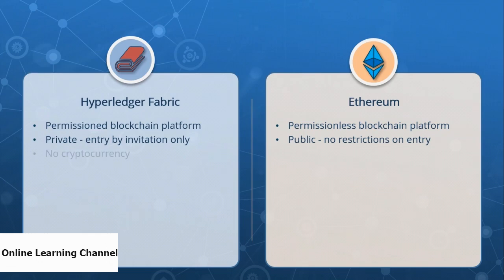Fabric also has no associated cryptocurrency, which means that you don't need to go out into the currency markets before you can invoke transactions on Fabric. This is, of course, not the case with Ethereum, which uses a cryptocurrency called Ether. To invoke any transactions on the network, you need to pay a transaction fee, and this will be in the Ether currency.